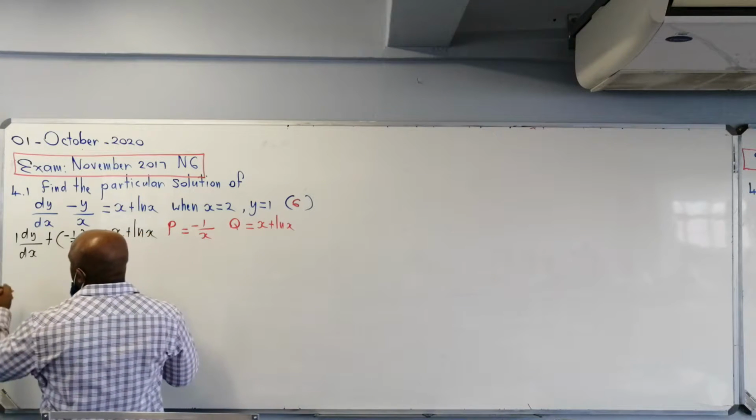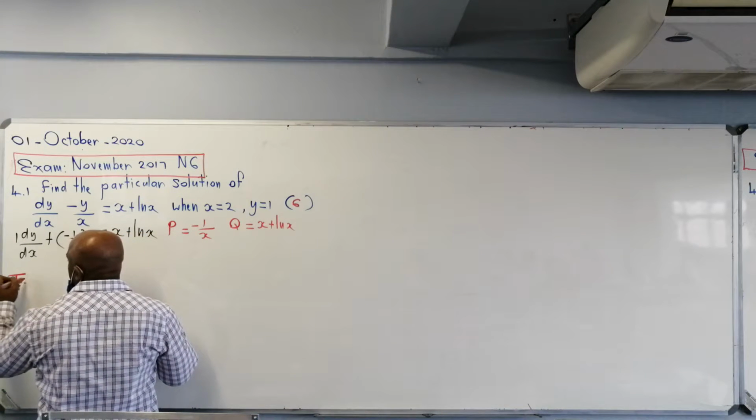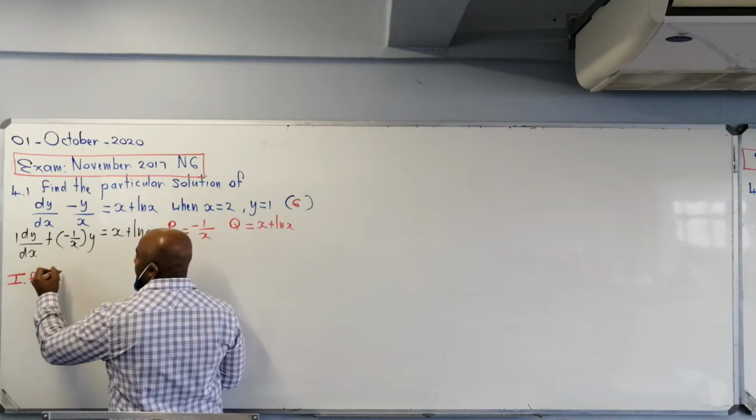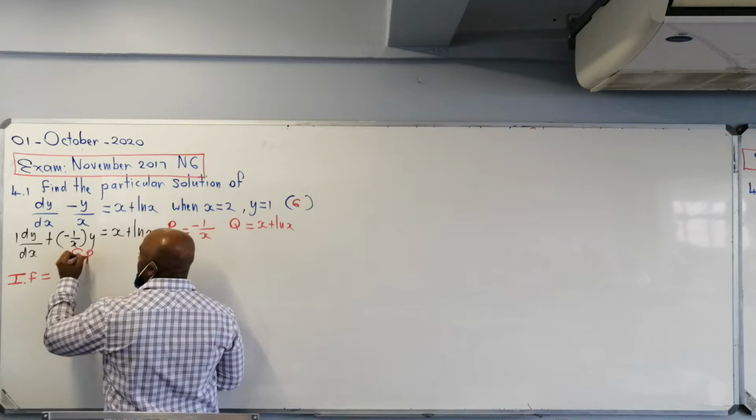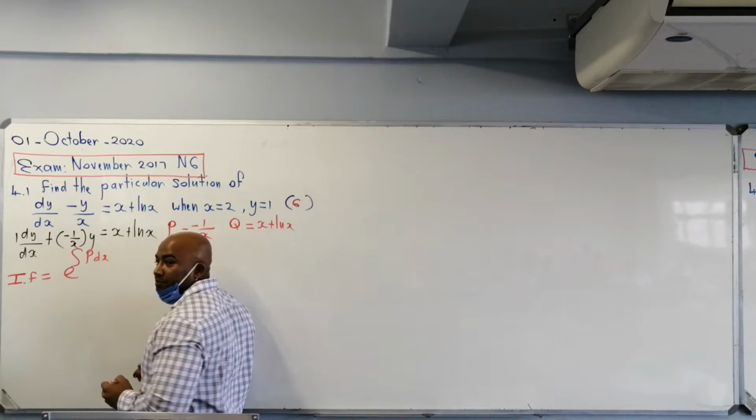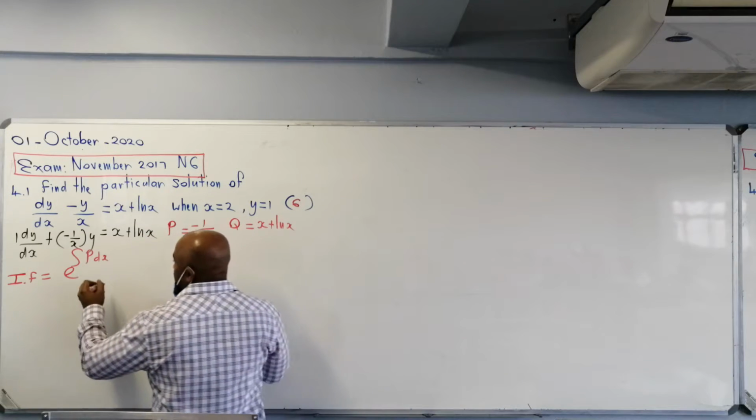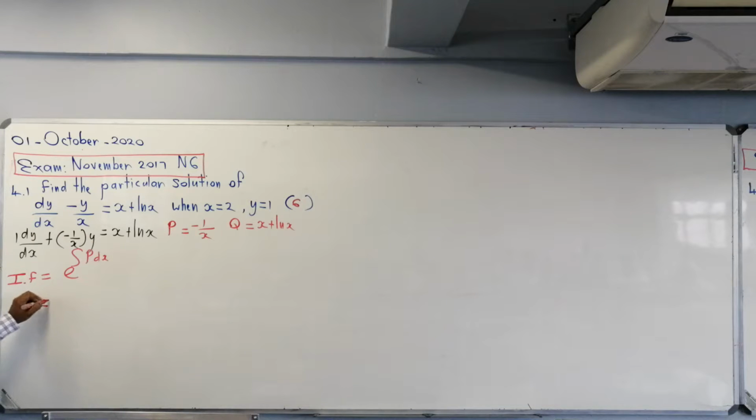So now we need to find the integrating factor. The integrating factor is given by the formula e to the exponent, the integral of p dx. So let's do the substitution. P is minus 1 over x. Integrate minus 1 over x, so that's minus ln absolute value of x.